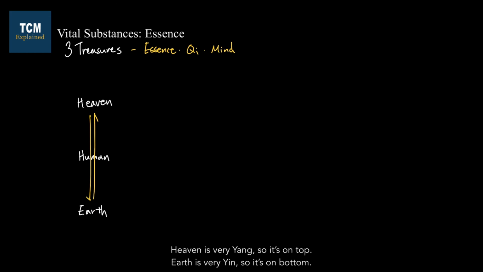Heaven is very yang, so it's on top. Earth is very yin, so it's on the bottom. In between these two is human in a balanced state. We can apply this diagram to our body. The heart is the fire organ, which is very yang, so we put it here.